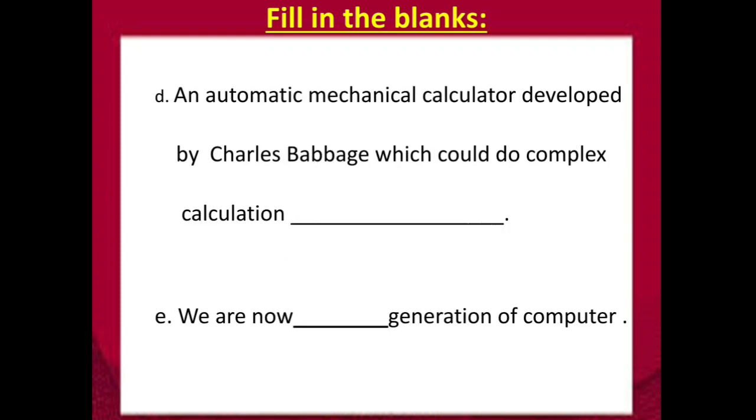The next one is an automatic mechanical calculator developed by Charles Babbage, which could do complex calculations also. It calculates automatically, and it can also handle complex calculations. So the answer is analytical engine.